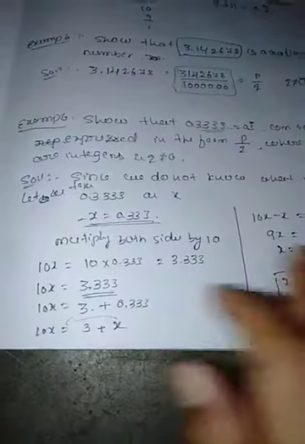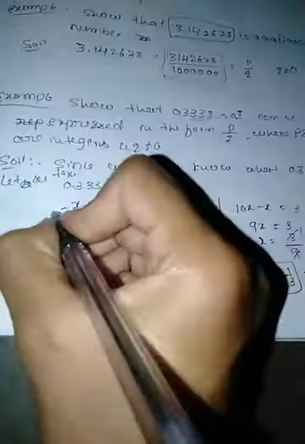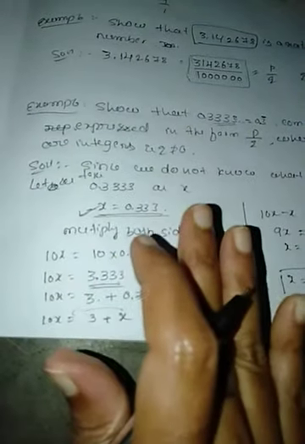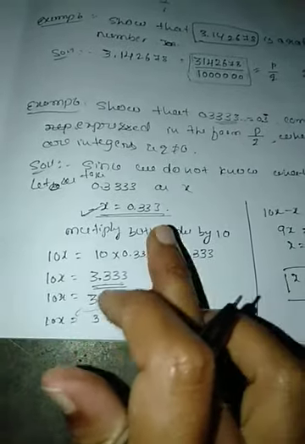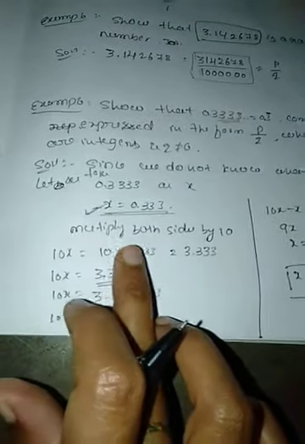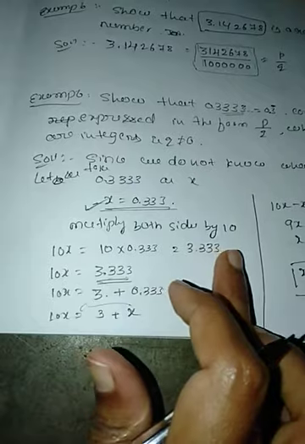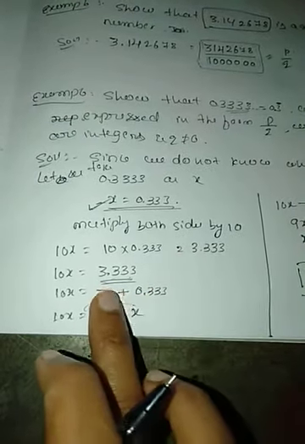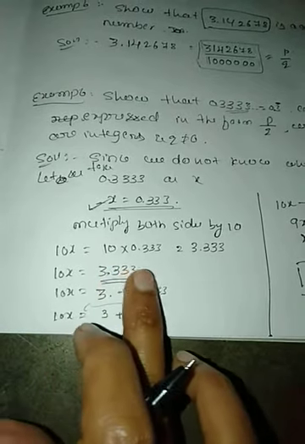So what have we done here? First we take 0.333 as x. Now multiply both sides by 10. After multiplication, 10 into 0.333 becomes 3.333. This can be written as 3 plus 0.333, so when we add these two numbers we get 3.333.